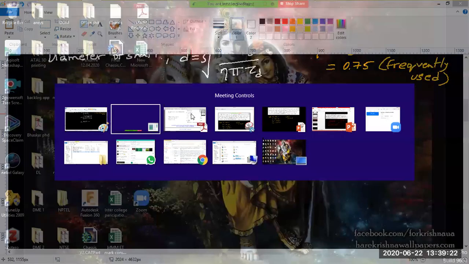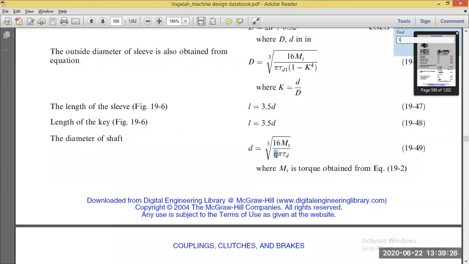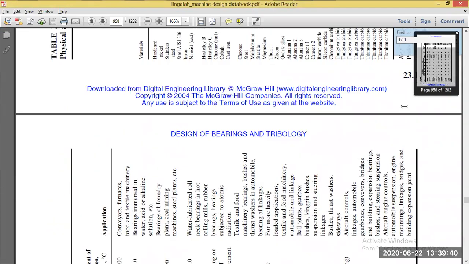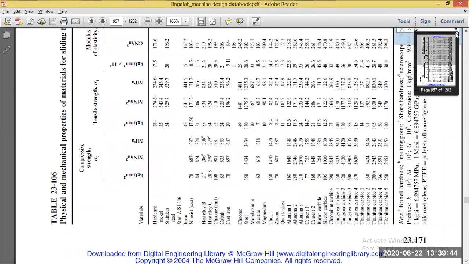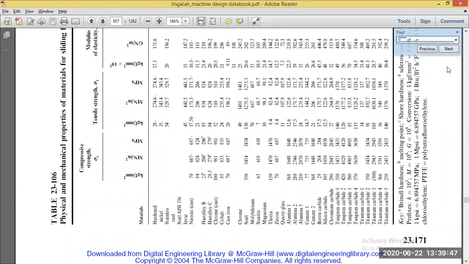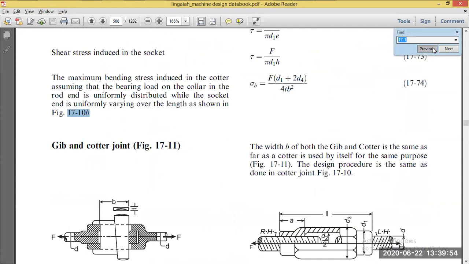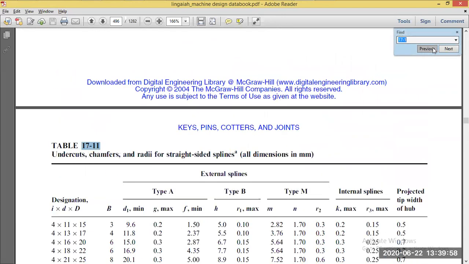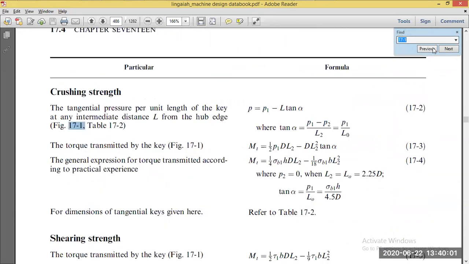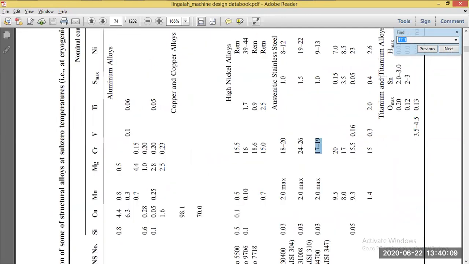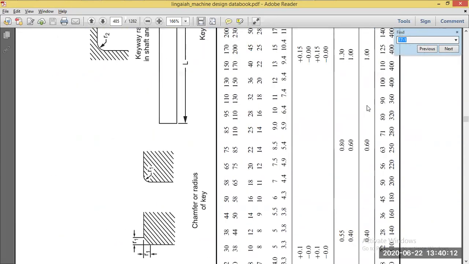So that table, I think 17.1. Somewhere here.